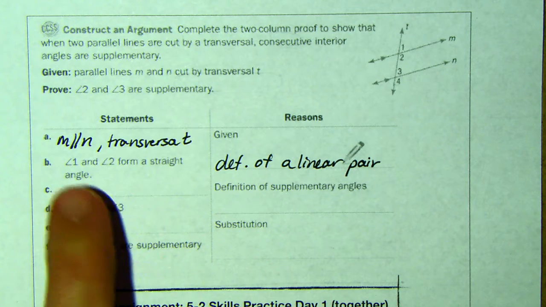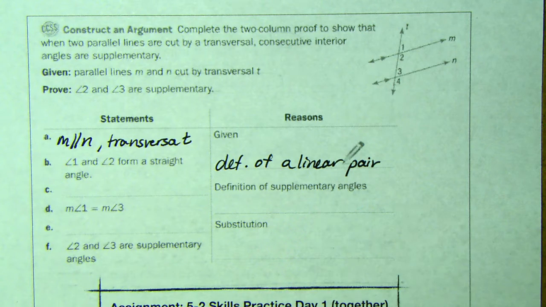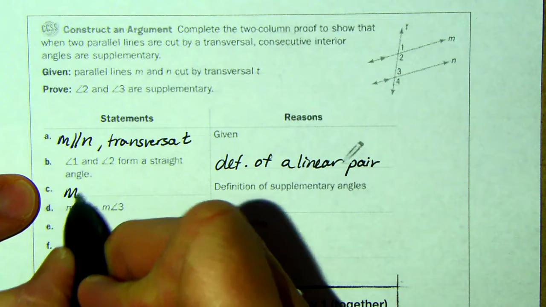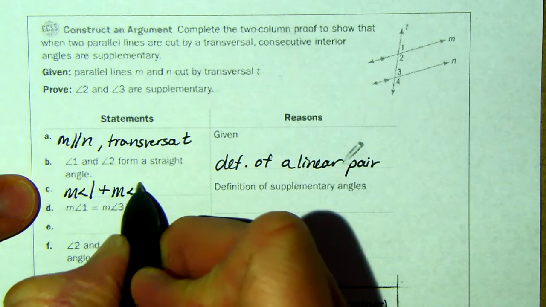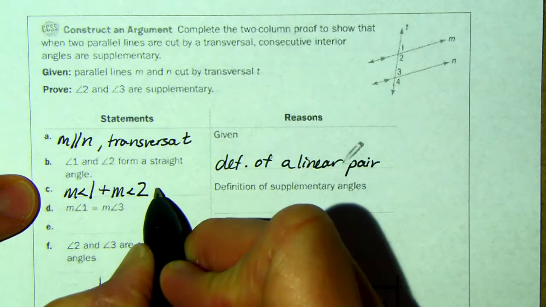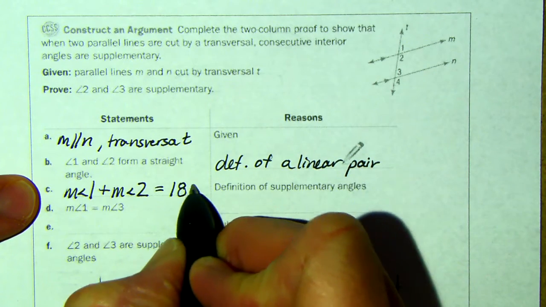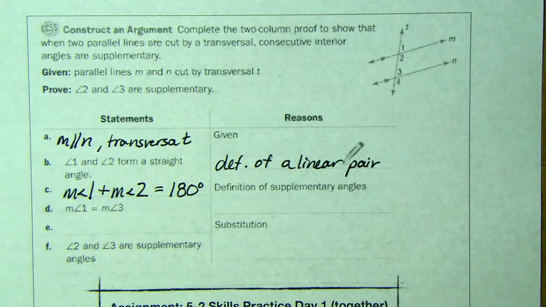And then they jump to, they don't give us the statement, but they tell us it's the definition of supplementary angles. What does that mean? Probably the measure of angle 1 plus the measure of angle 2 equals 180 degrees. I know that because they form a straight angle. That's the definition of supplementary angles.